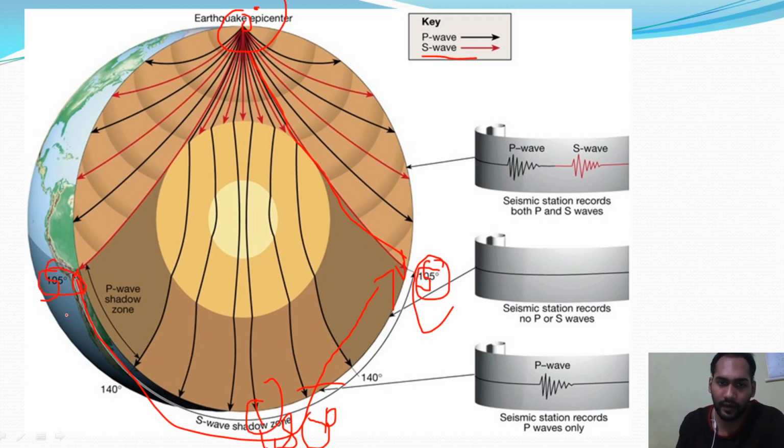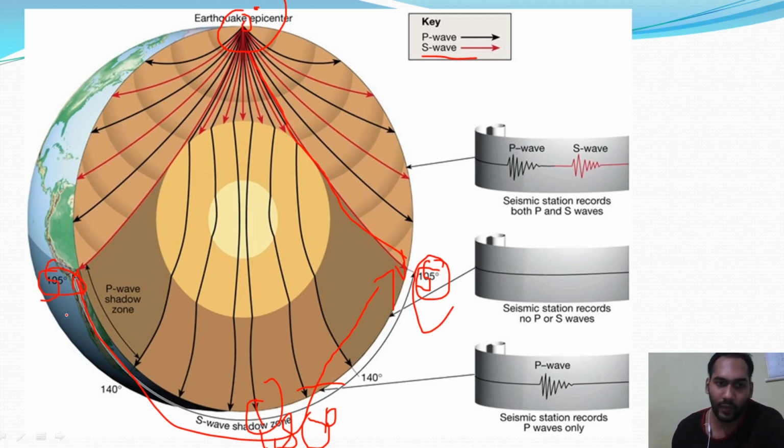So from 103 or 105 to 103 or 105, we will not get any direct S wave in that region. So that is your S wave shadow zone.